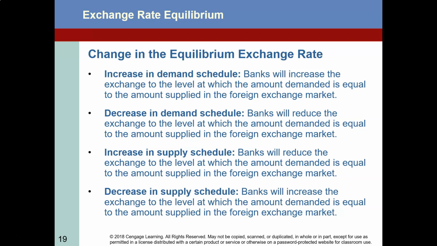If we assume that the supply schedule doesn't change and the demand schedule decreases, the new equilibrium price will be lower. The banks will reduce the exchange rate to the level at which the amount demanded is equal to the amount supplied in the foreign market. This is the change in the demand schedule, or the demand line. Whenever it goes up or down, the price goes the same way, up or down.